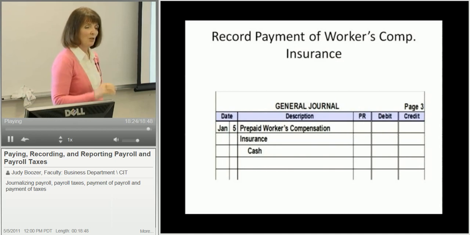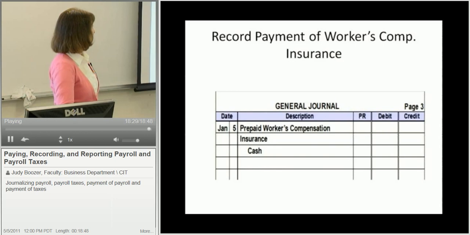So it could be done either way, but they will show you how when you do your assignments. But again, once it's paid, it just comes directly out of cash. It's just an insurance that protects your business against what type of claims? Injury claims. On-the-job injury claims.